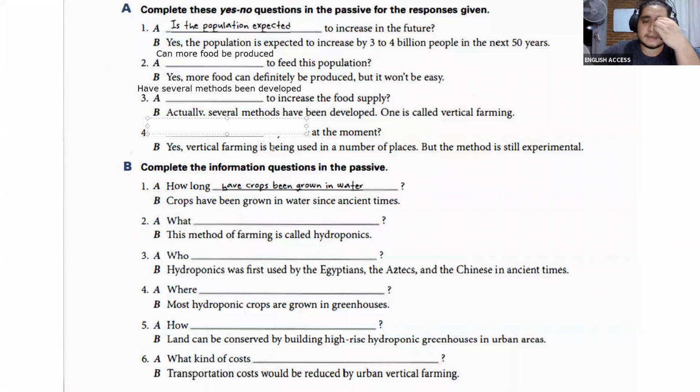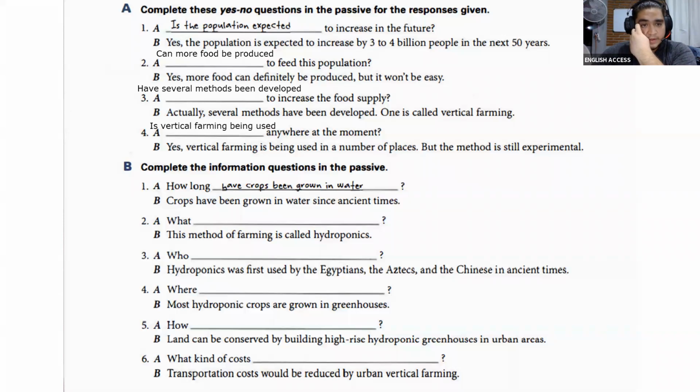It is: is being used the vertical for me. Remember, for questions we have the auxiliary, then we have the subject, and then the action, right? So: is vertical farming being used anywhere at the moment?